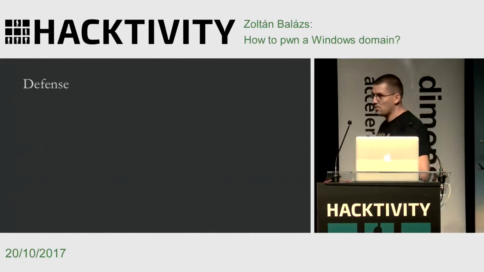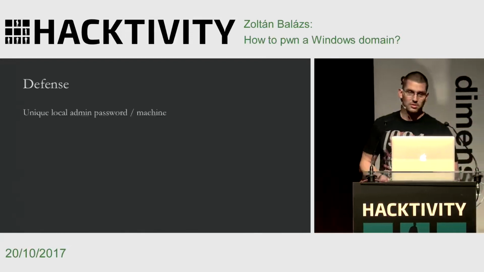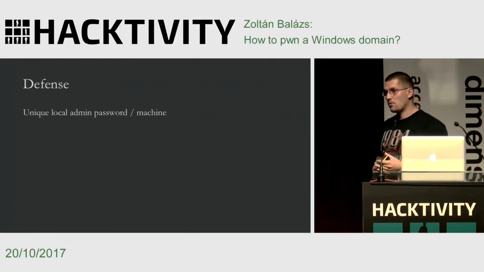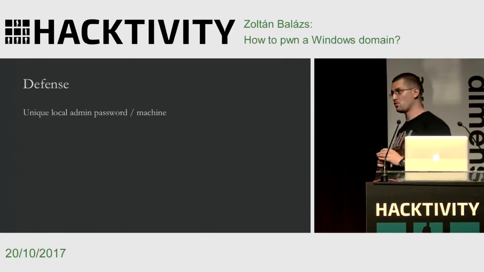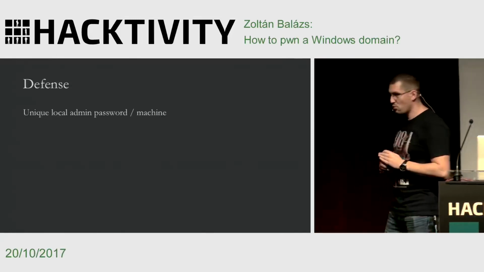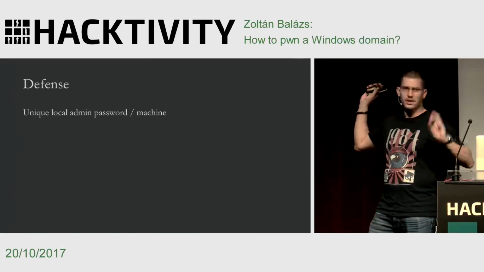Now let's talk a little bit about defense, because defense is as important as offense. One of the first things you can do is to use unique local admin passwords on every machine. And whenever I say this to people, they just freak out. No, we cannot do that.